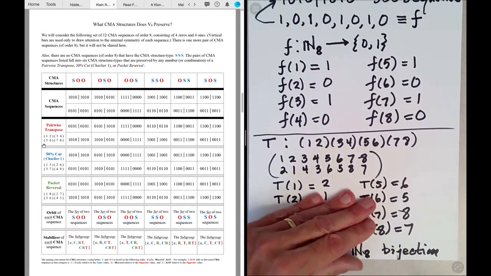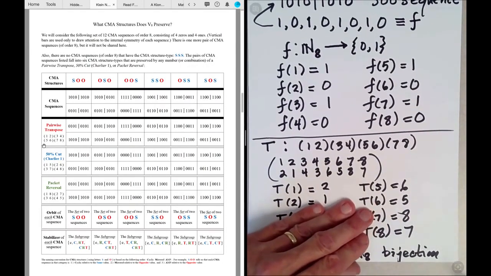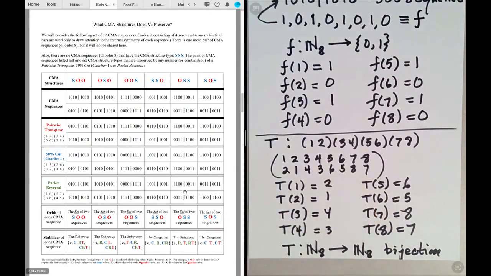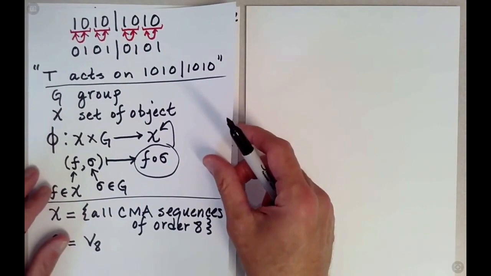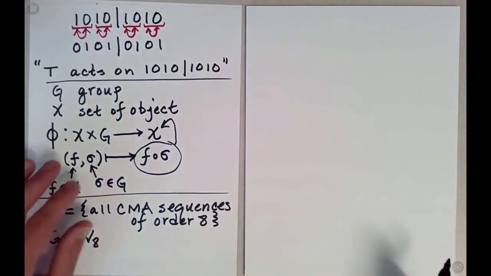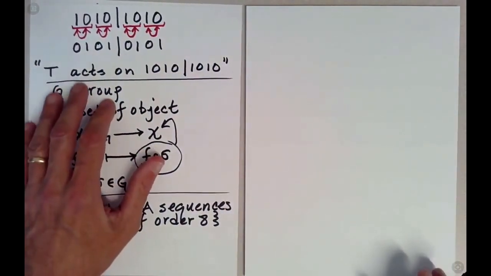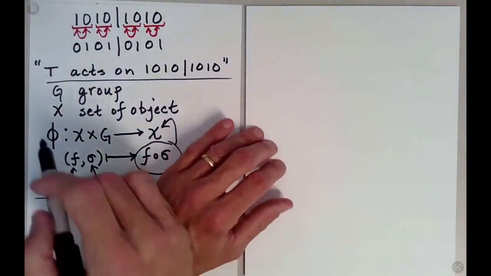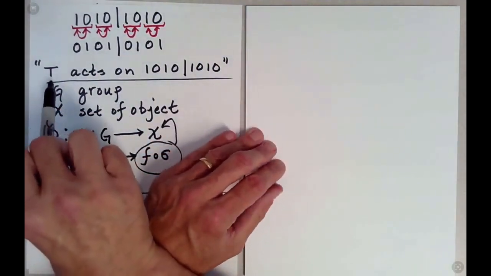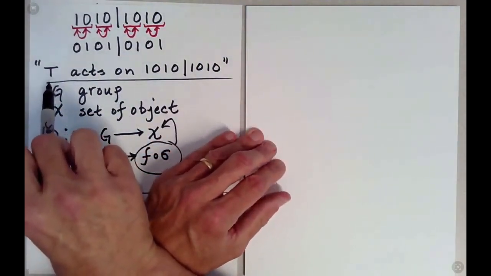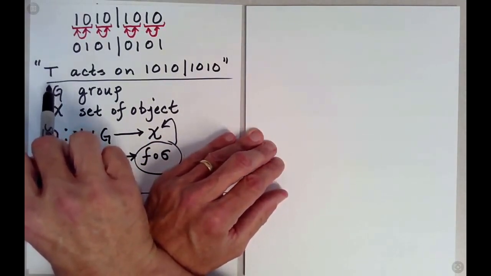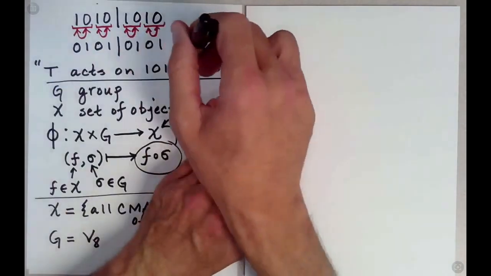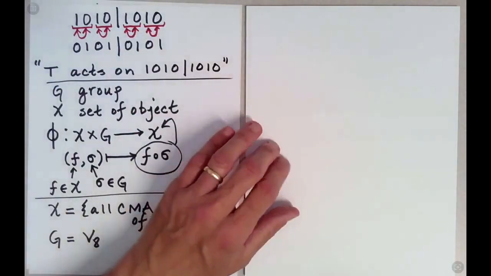Okay, so we're probably going to run out of room here, so maybe I'll just move this if that's okay. So what we're trying to describe here is, what do we get when we use the group element T from our group V8 and have it act on this CMA sequence?